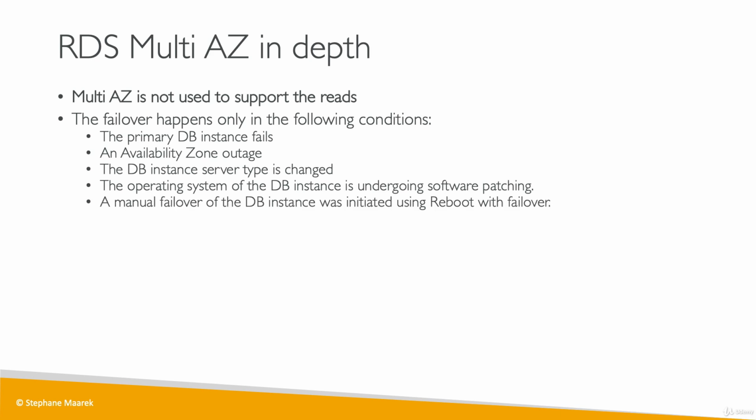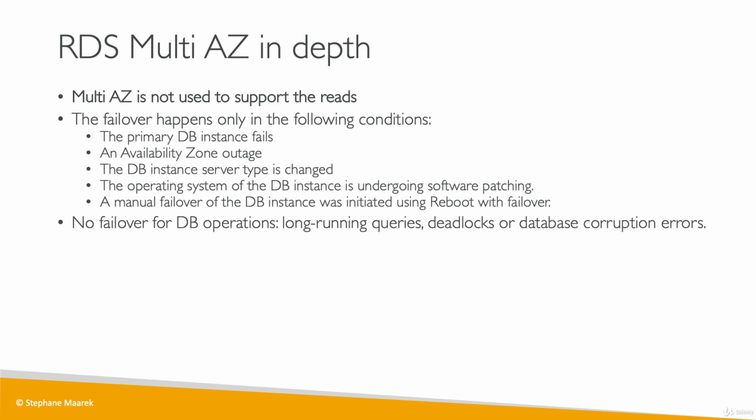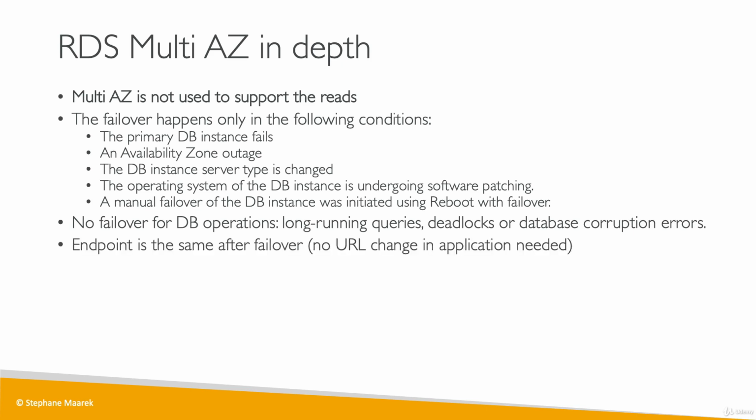When you do a reboot, the primary DB instance is not usable, and so a failover happens right away. There won't be any failover for long-running queries, deadlocks, or database corruption errors, so watch out for those. The DNS endpoint, the URL, does not change after a failover. It is the exact same, so your application should not have any change.